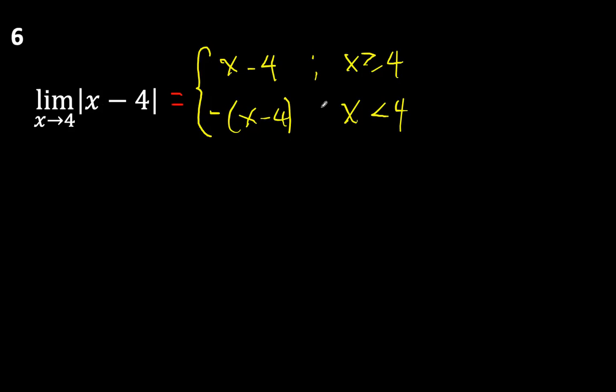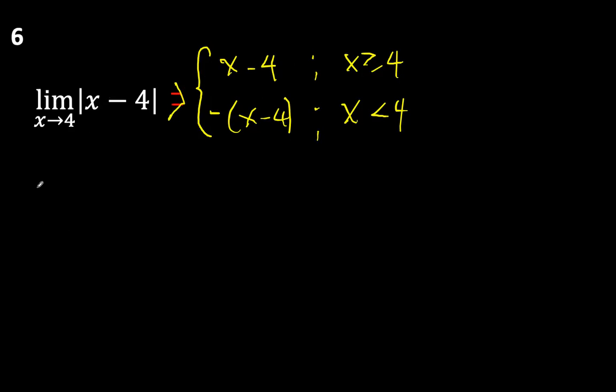Okay, so we now have our subfunctions for the given absolute value. So we're going to consider our limits using these functions. I just analyzed the possible subfunctions of this absolute value.